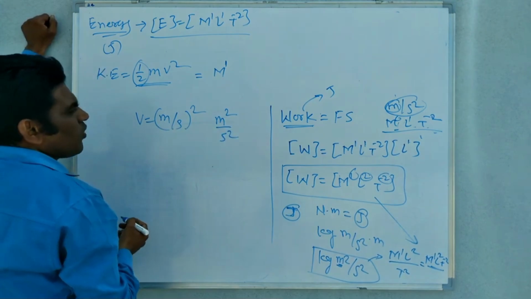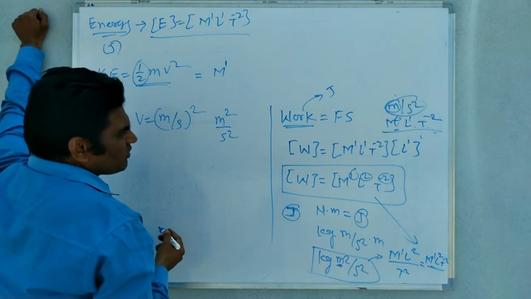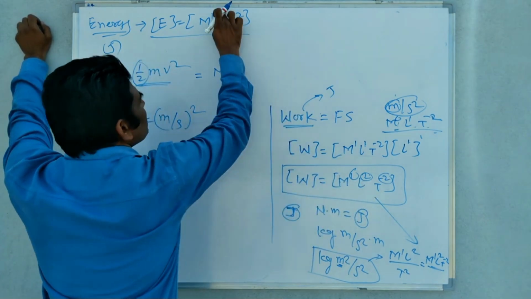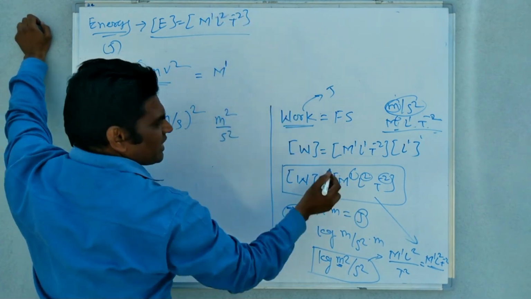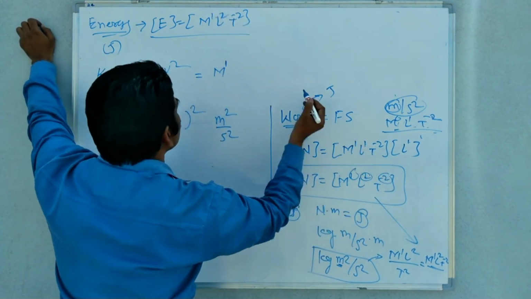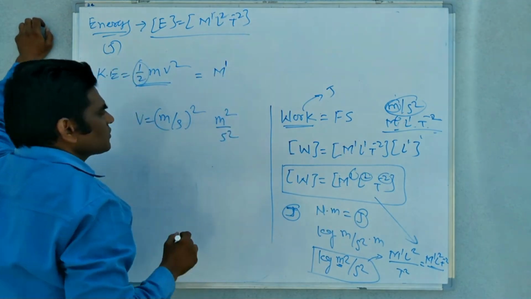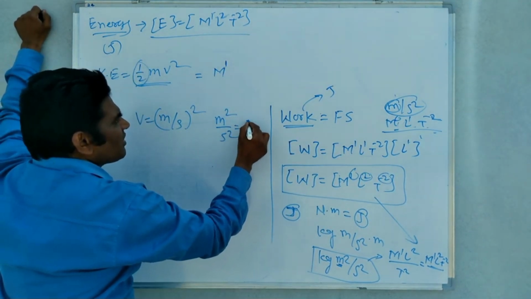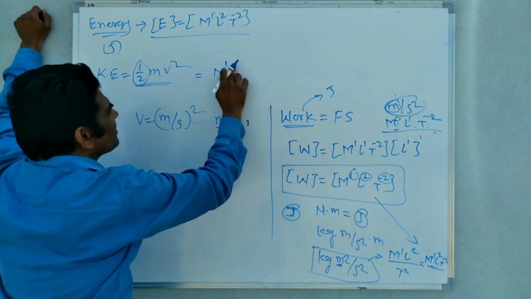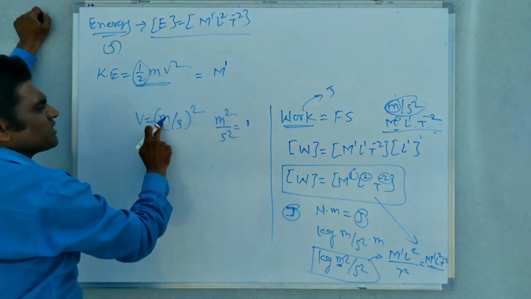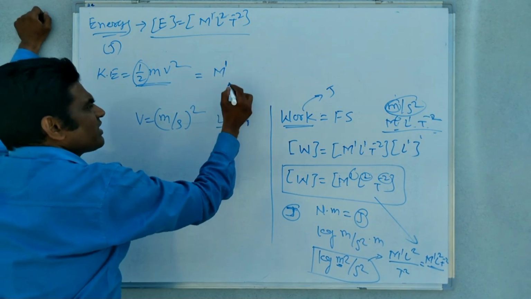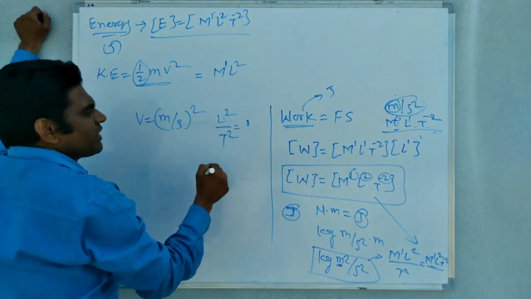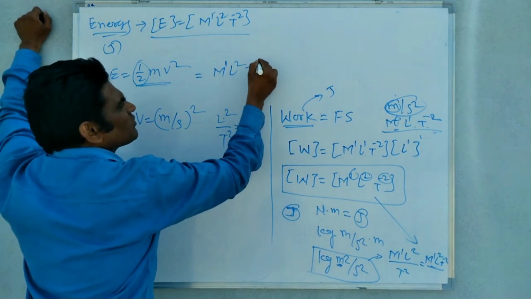Okay. So this will be what? Here the dimensions are 2, no? What are the dimensions of work? M1 L2 T minus 2. Okay. So this mass is M, meter means length squared, second squared means time squared. Time squared means T to the power minus 2.